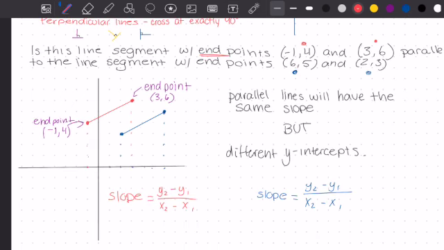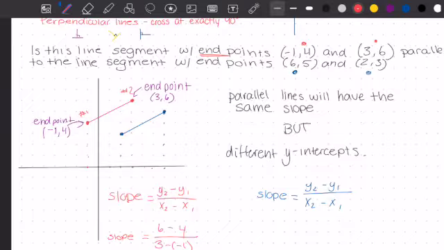So my first one, I'm going to number this one 1 and this one 2. So my y2 was going to be 6 and my y1 was going to be 4. And then my next one for my x's, my x2 is 3 and my x1 is negative 1. So 3 minus negative 1.